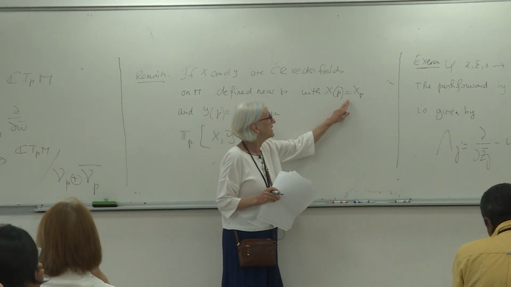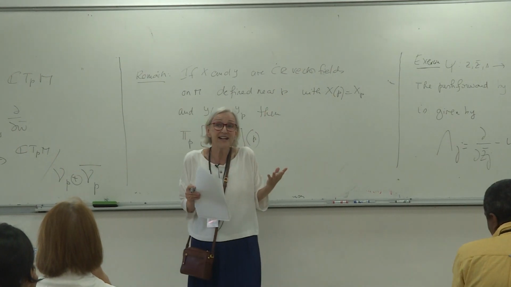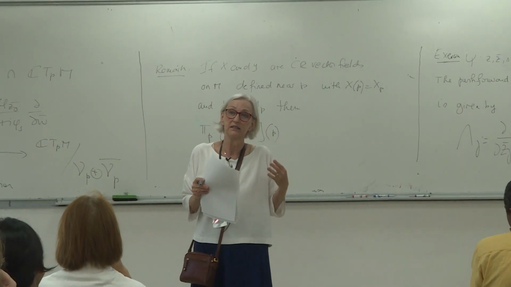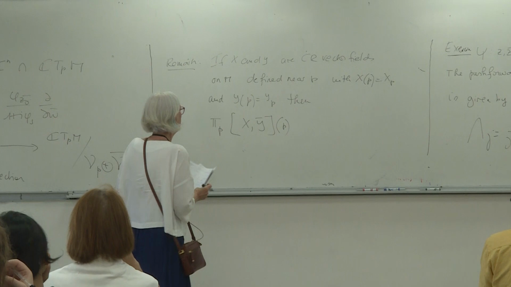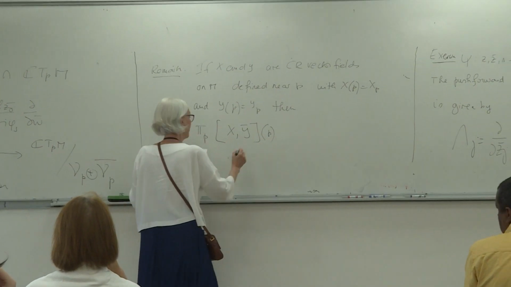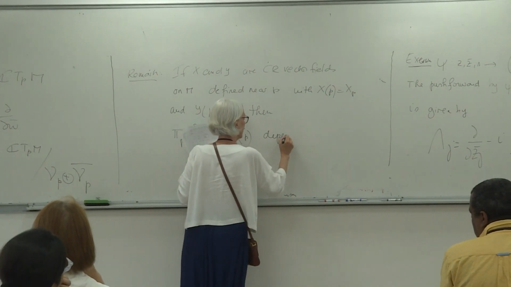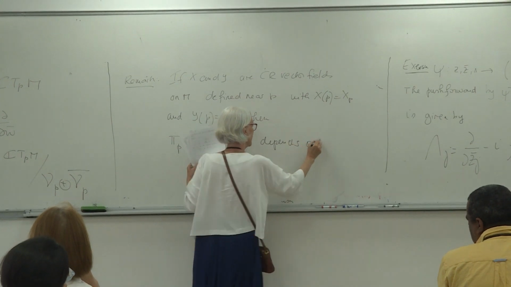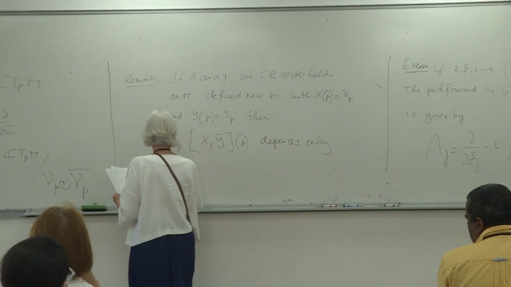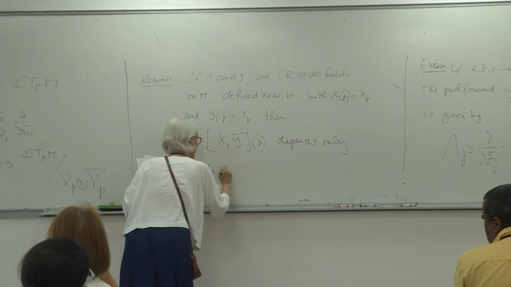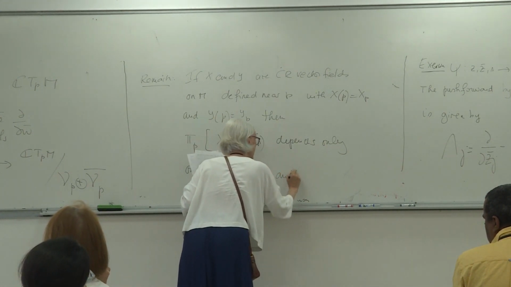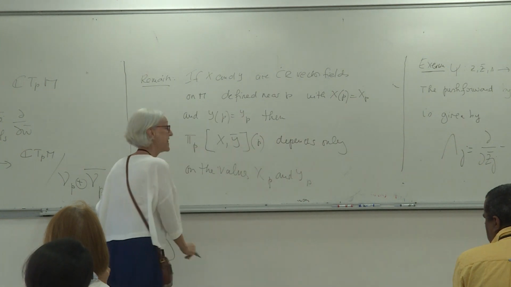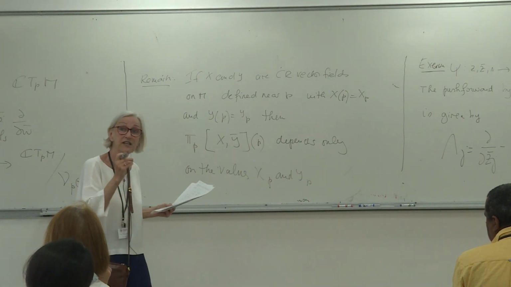So you could have lots of x such that x of p is given, it's not unique. But this guy depends only on the values xp and yp, and not on the vector field you choose.